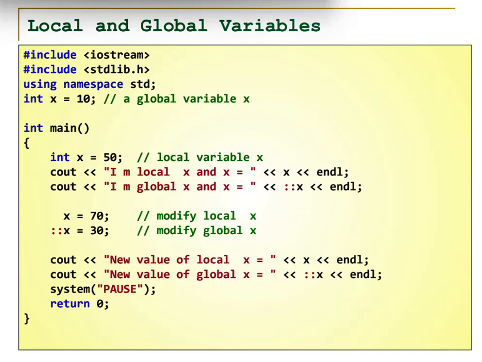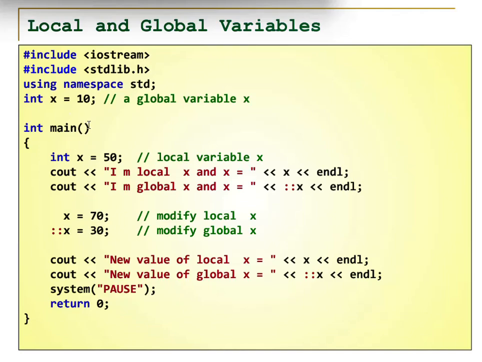Then come the local and the global variables. The global variable in this code is int x equal to 10. The global variable is always declared outside all the functions, that is, at the top of the file. It is accessible from anywhere in the program, and it exists for the entire program execution.